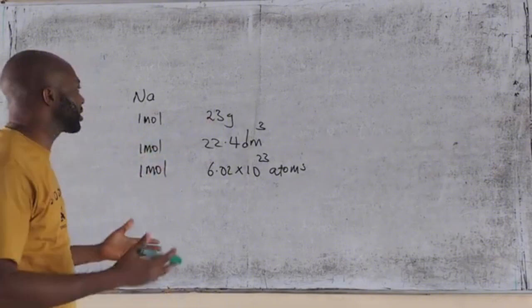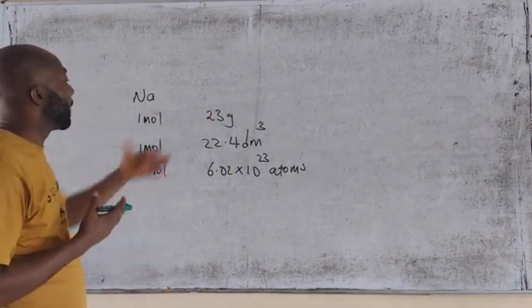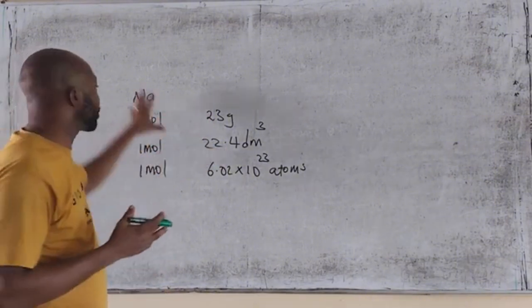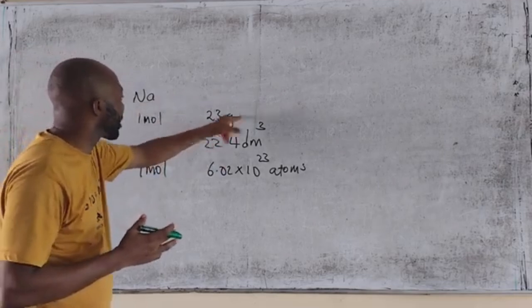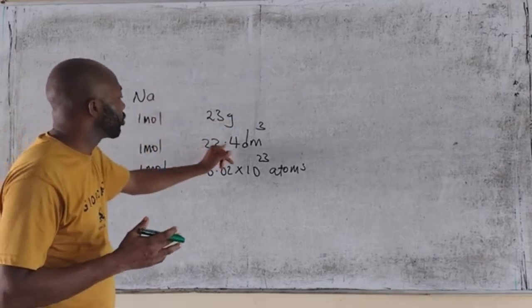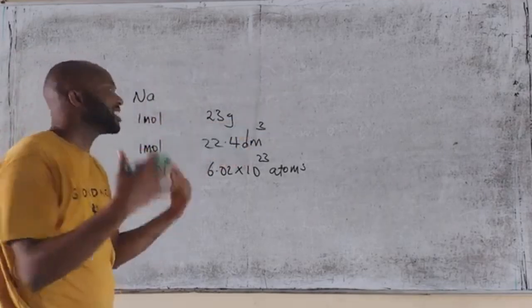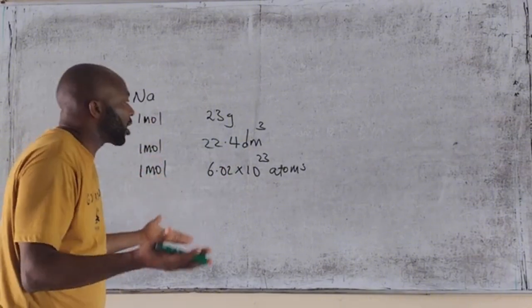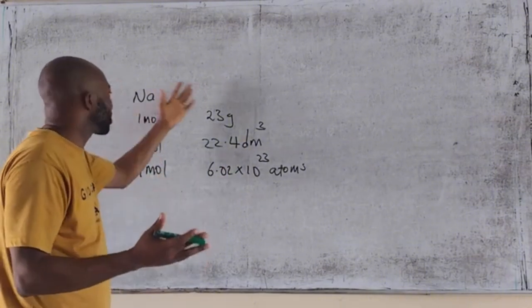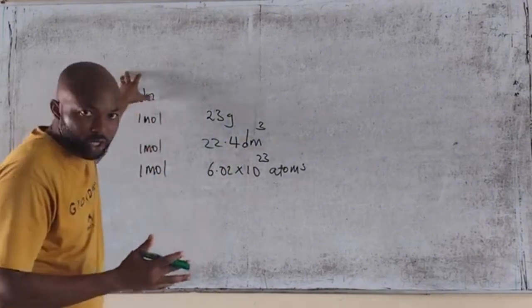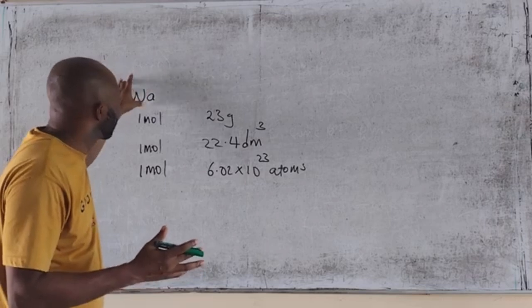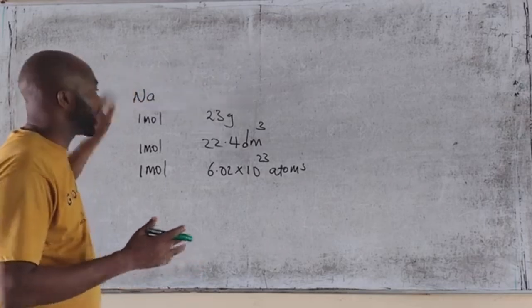So in many instances, if I am dealing with the mass-volume relationship of sodium, I will be taking 23 grams of sodium to 22.4 dm cube of sodium. This is constant. It is not induced. It is from the formula, from the symbol here, sodium. That's how we achieve that.